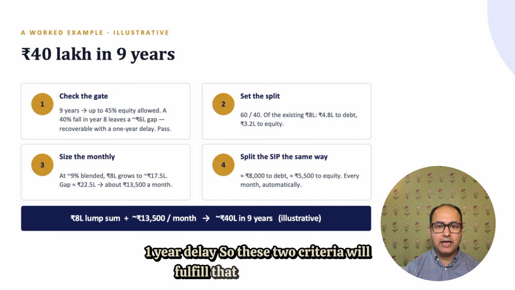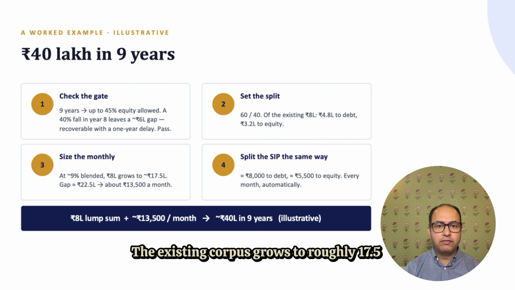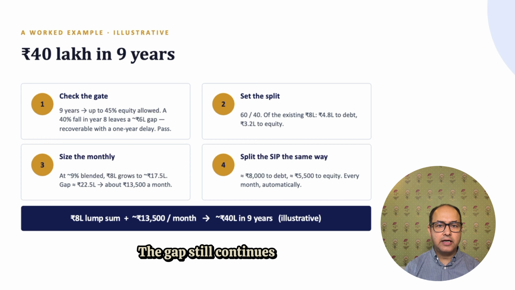Step 3 would be the size of monthly contribution. At the blend assumption of around 9%, which is a combination of debt and equity, you can lower it if you want a more secure allocation. The existing corpus grows to roughly 17.5 lakhs. The gap still continues to be 22.5 lakhs, which needs a monthly contribution of 13,500 rupees.